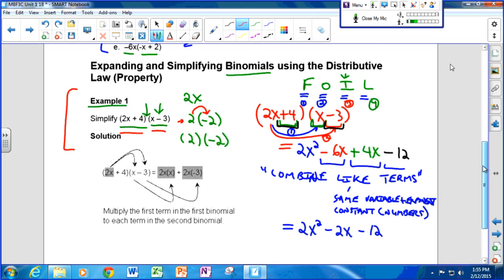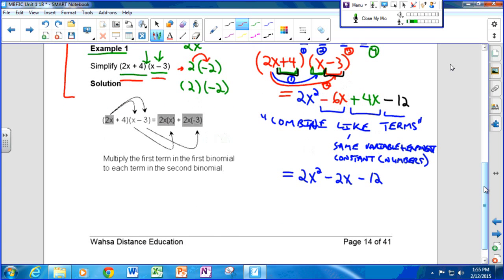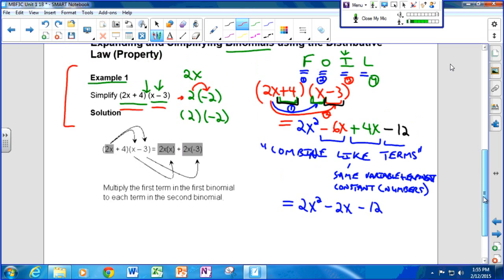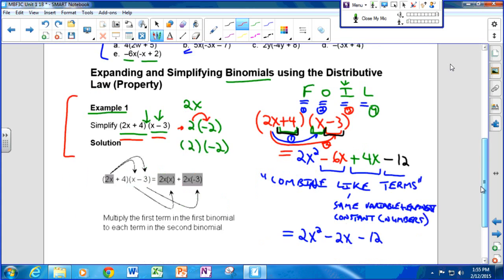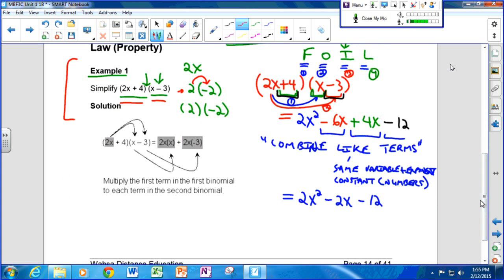So we have a step called combining like terms. Like terms in our case means that they have the same variable or combination of variables and exponents. For polynomials of order 2, so ones that have a square in them as their highest exponent, they tend to only have those two in the middle.